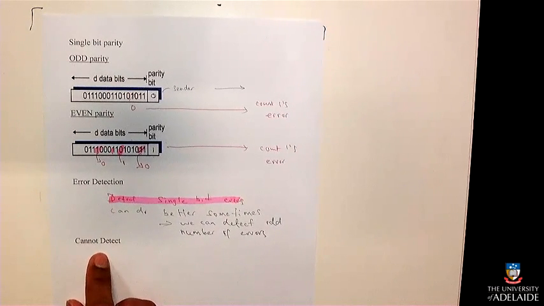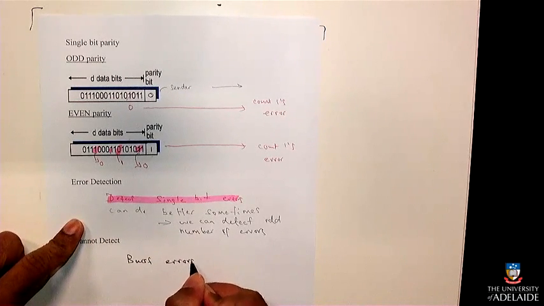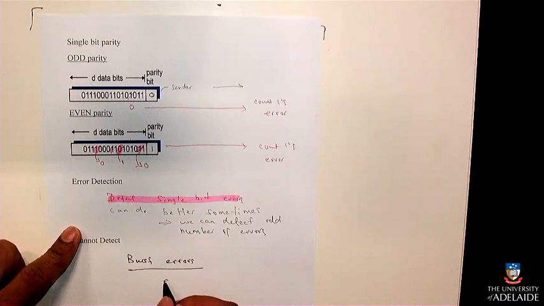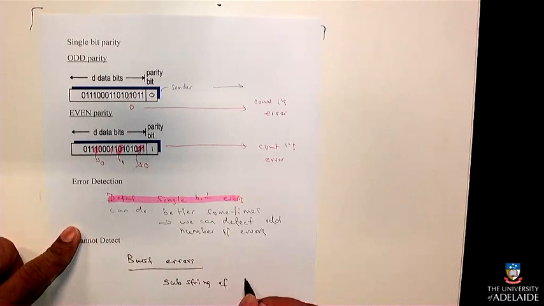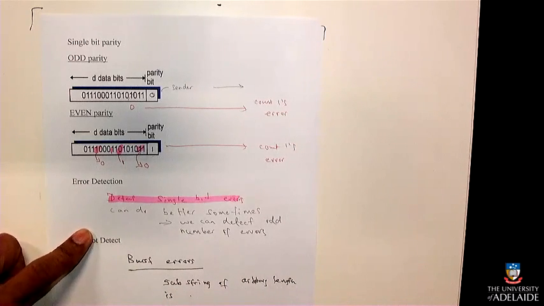So the part I want to talk about here is, typically what happens in internet traffic is what's called burst errors, right? So burst errors are when you have some substring of bits that are flipped, right?